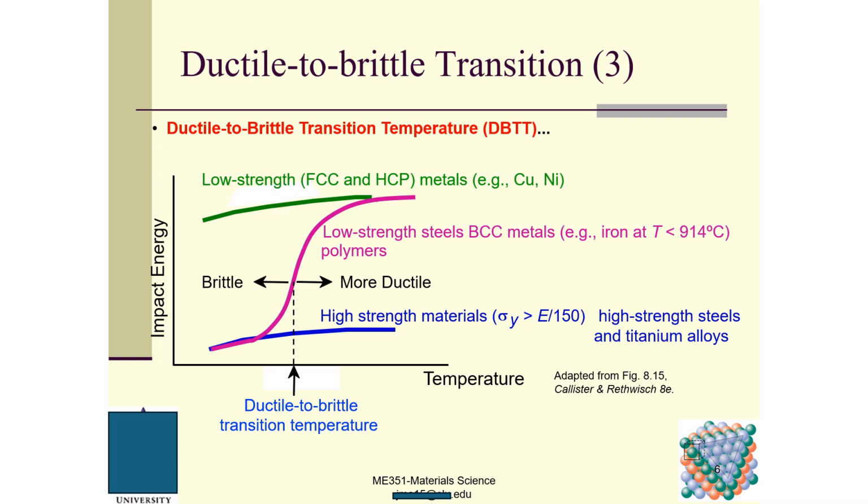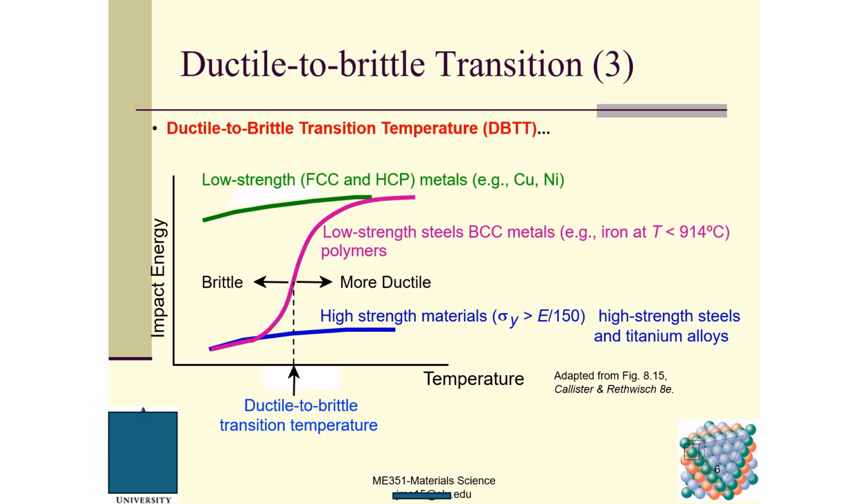However, there is another category of materials that have very substantially different impact energy at different temperatures. You can see it jumps so high from here to here. This is a special category of materials.